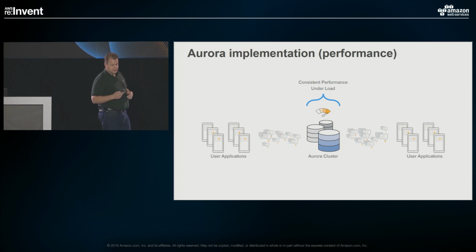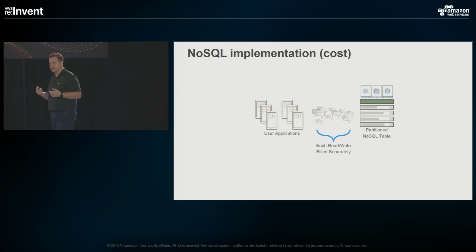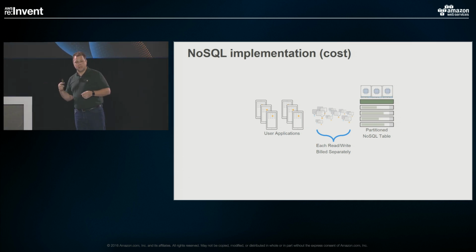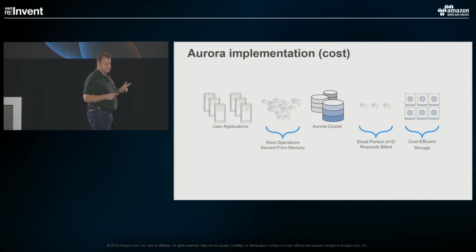Another thing to consider with this is the cost of NoSQL. With NoSQL, you generally pay for and provision read and write capacity units. That means every time you read and write from that NoSQL data store, you are consuming those reads. With Aurora, it's a little bit different, because Aurora has a couple of things going for it.